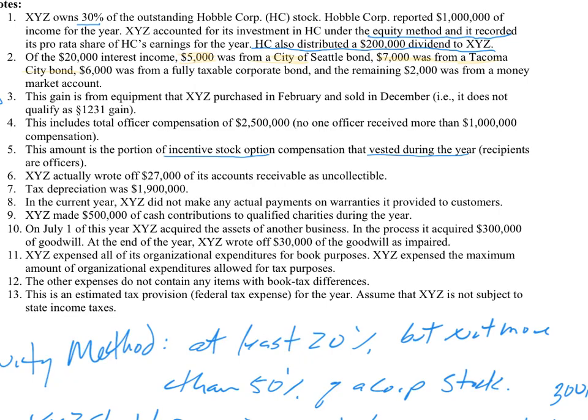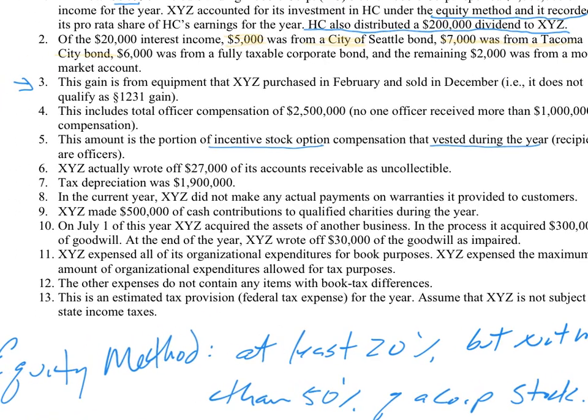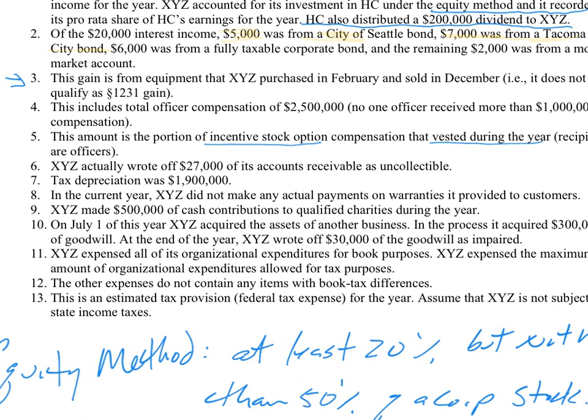Bad debt expense. All right, so bad debt expense. All right, so it tells us in note 6 that they actually wrote off $27,000 of its accounts receivable as uncollectible.